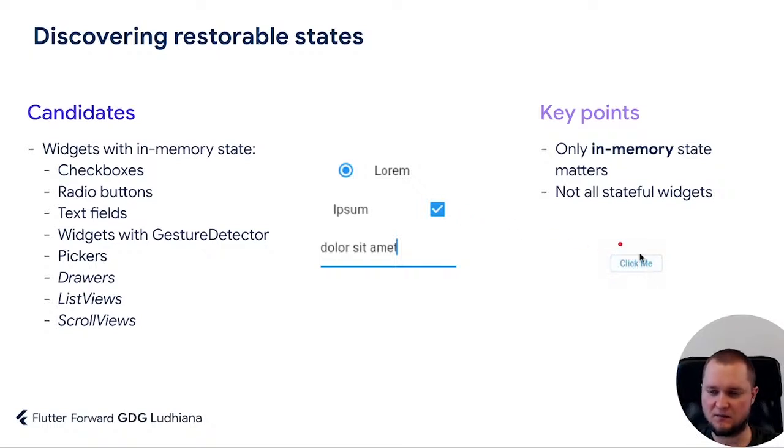Similarly, if you have some purely decorative UI state, for example the inkwell effect, we don't need to save the percentage of the inkwell to restore it. It's purely decorative.